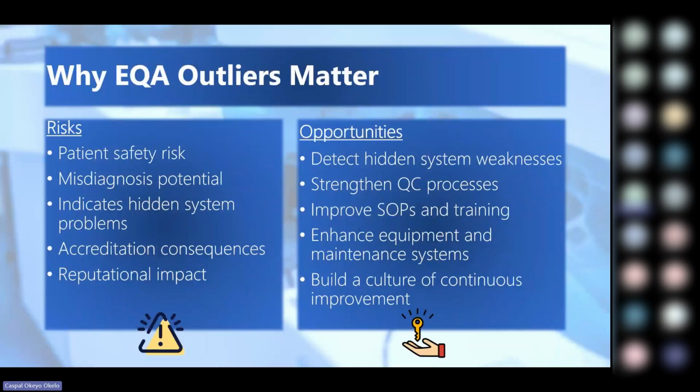If our EQA result is significantly biased, we must ask ourselves, is this bias affecting patient samples? For example, if my HbA1c is consistently reading 1% higher, I might misclassify patients as poorly controlled diabetics. And with potassium, if it's falsely elevated, we might end up having clinicians treating hyperkalemia that does not exist. Secondly, EQA outliers matter because they are significant in clinical decision making.